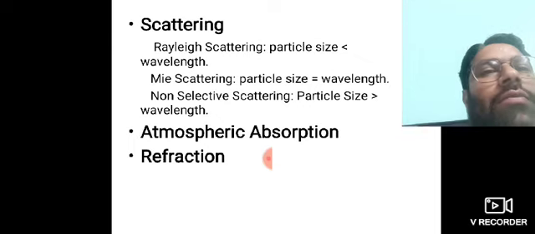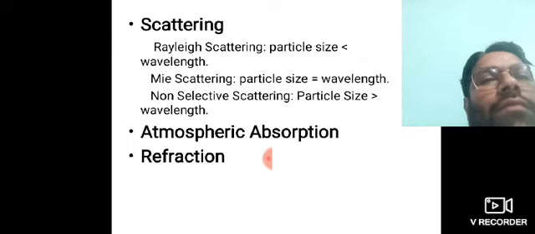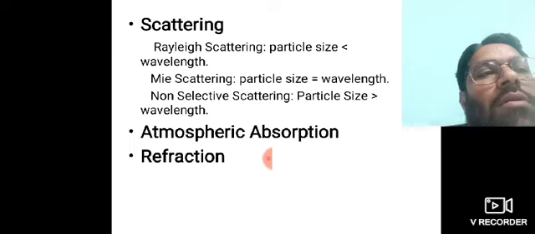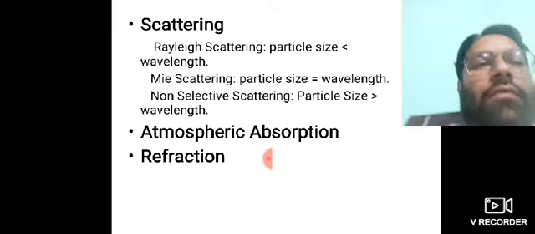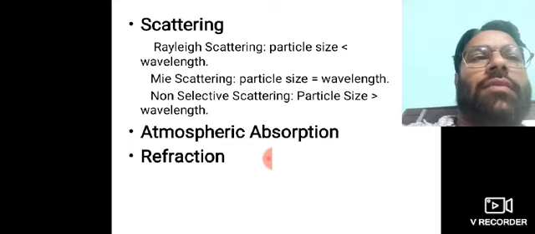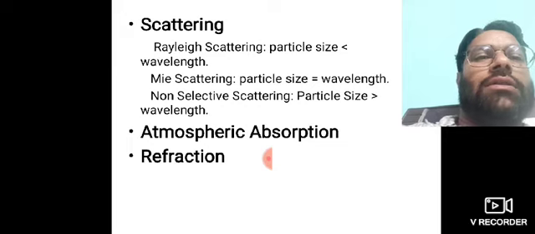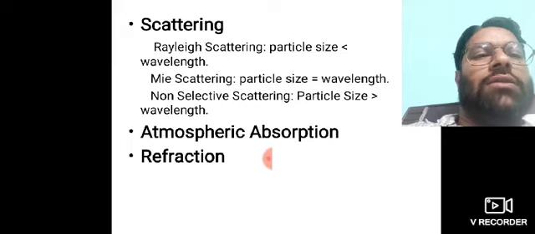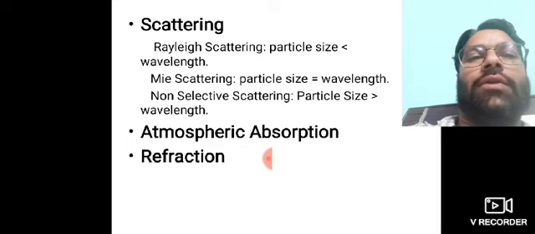Scattering is one type of interaction of radiation with the atmosphere. When the particle size is less than the wavelength of the radiation, then it is called Rayleigh scattering. When the size of the particle and the wavelength are equal, then it is called Mie scattering.